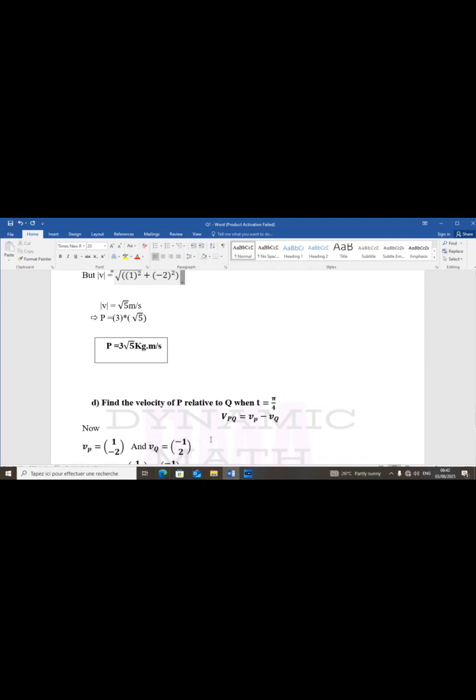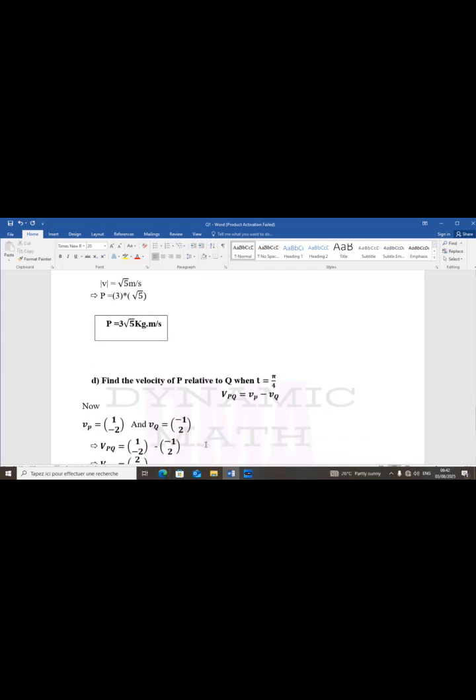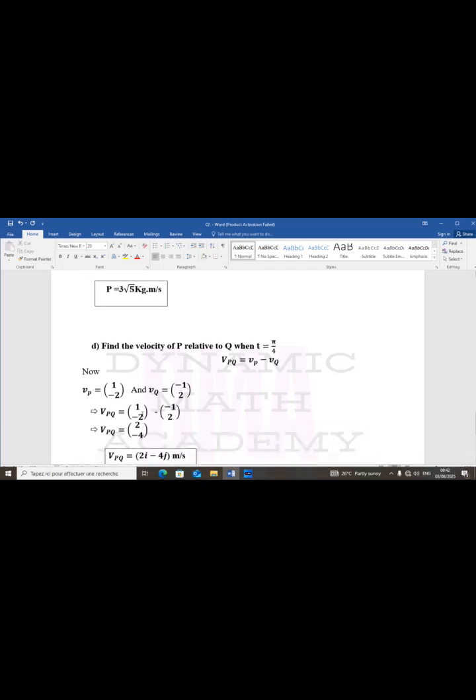So the velocity of P relative to Q will simply be 1 negative 2 minus negative 1 and 2. When you take 1 minus negative 1, you're going to have 2, and minus 2 minus 2 will be equal to minus 4. So actually the velocity of P relative to Q will simply be 2i minus 2j meters per second.